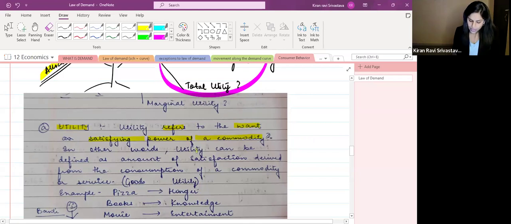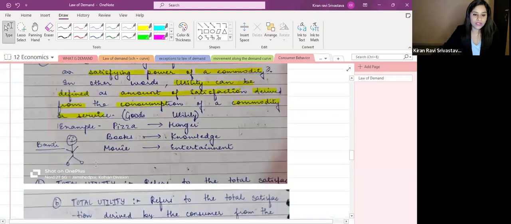So in other words, utility can be defined as the amount of satisfaction derived from the consumption of a commodity or a service. For example, why is Bunty consuming pizza?